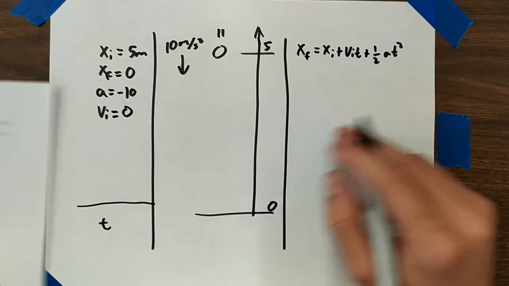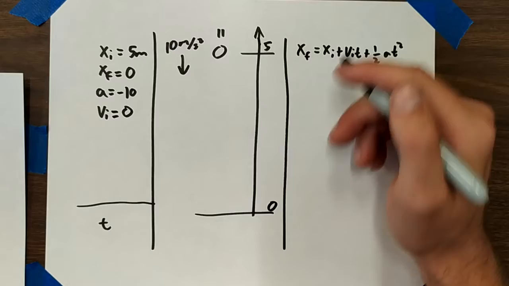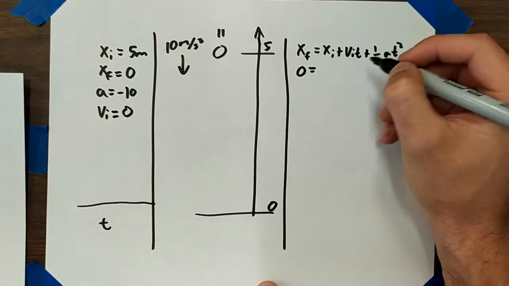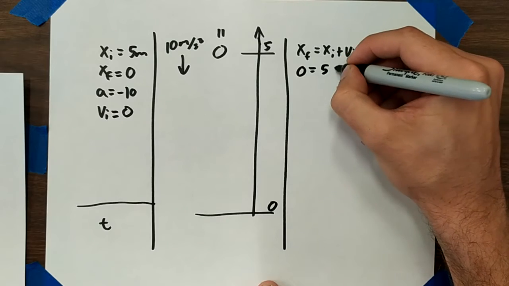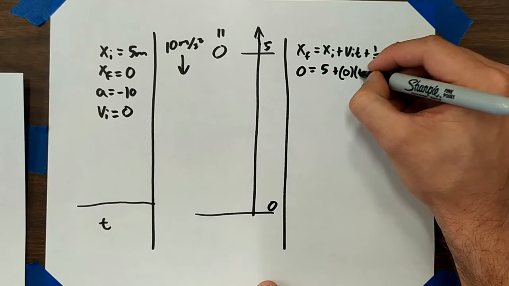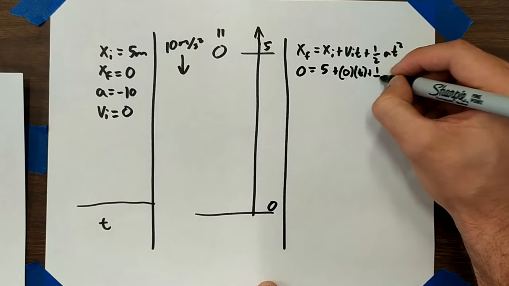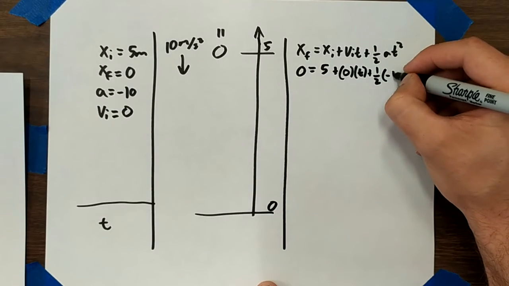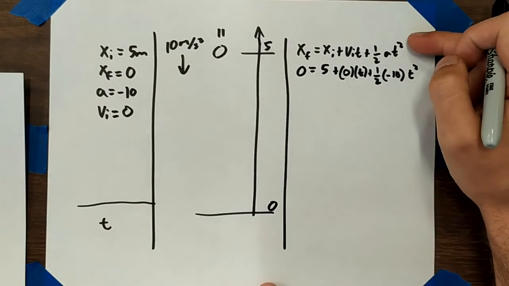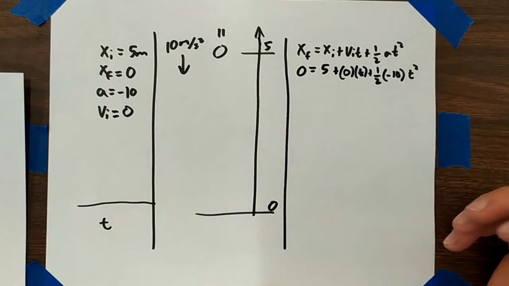I'm looking for T. I'm going to sub in my numbers right now, and then we'll solve for T. So X final, we're going to say 0 is equal to 5 plus VI is 0 times T plus 1/2 our acceleration, negative 10, times T squared. Okay, so again, just rewriting this equation, putting in numbers for my variables.